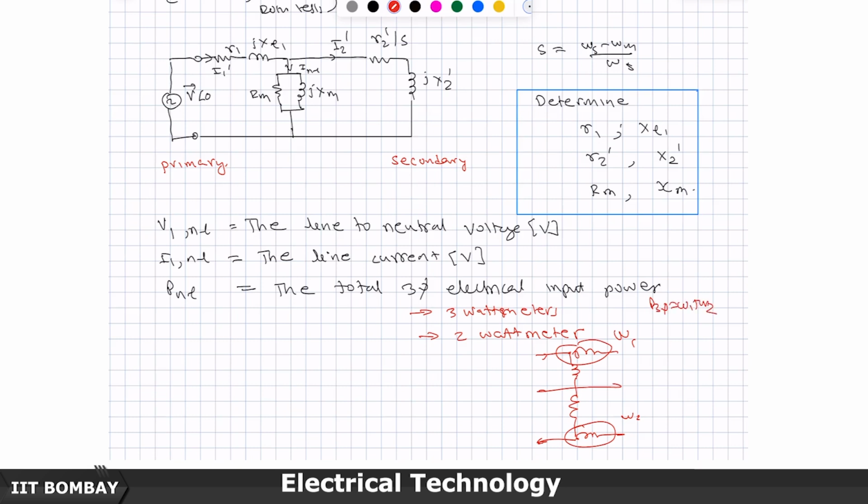But as I said once earlier also, this is of course a good thing to discuss, but usually I would always recommend that you use 3 wattmeters. A bit of redundancy in the data is any day better than saving 1 meter, because let us say 1 meter has some calibration error, you will not come to know if you use a minimal set of measurements.